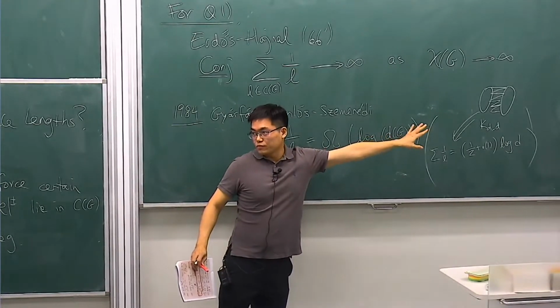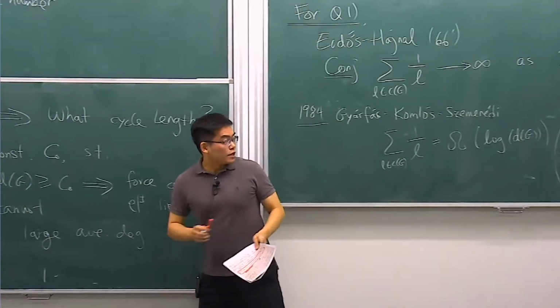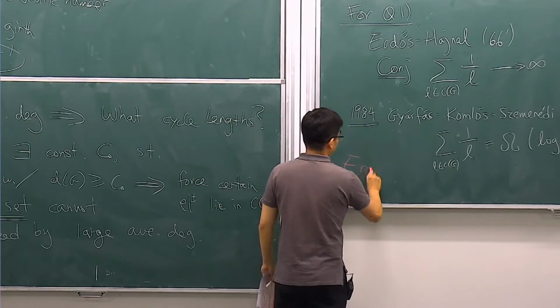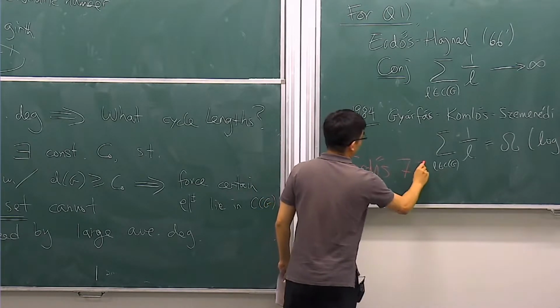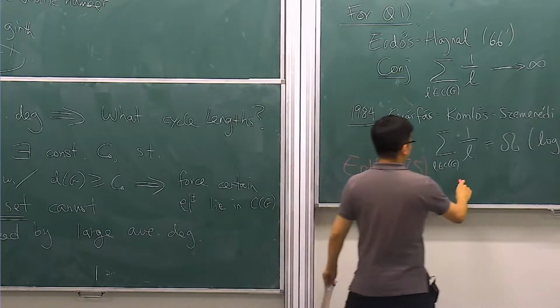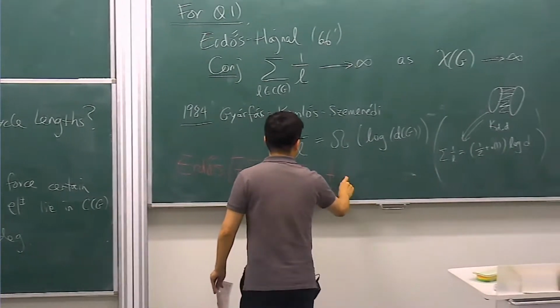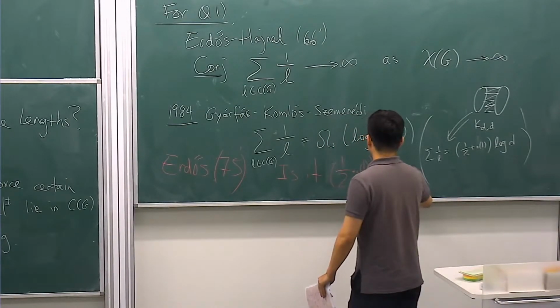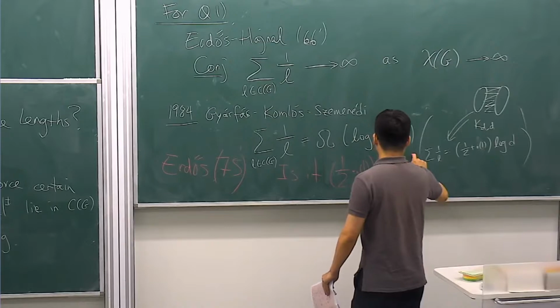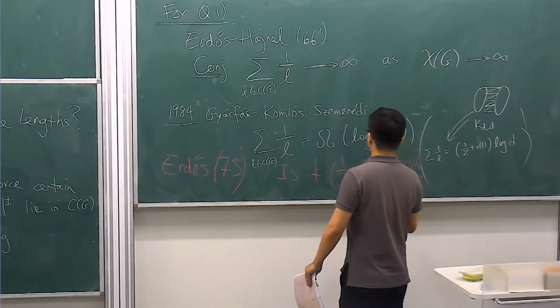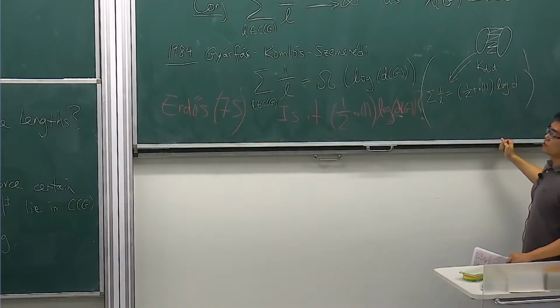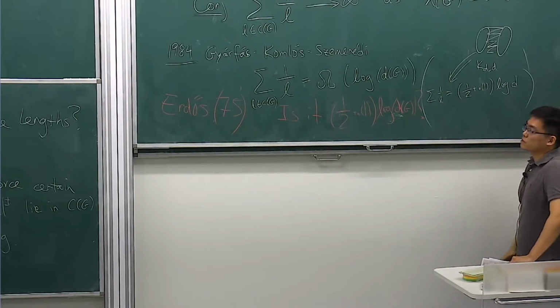This was in 1975. He asked whether this K_{D,D} is the one minimizing the harmonic sum.